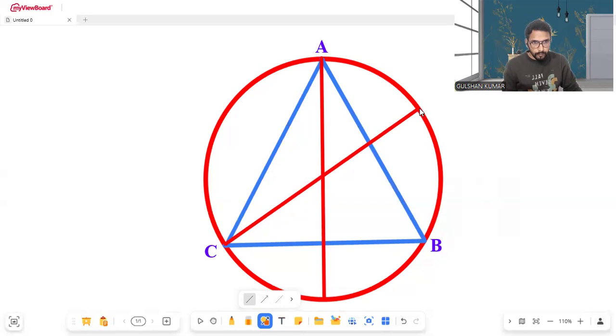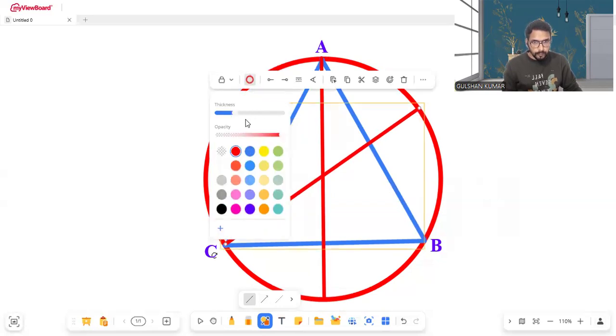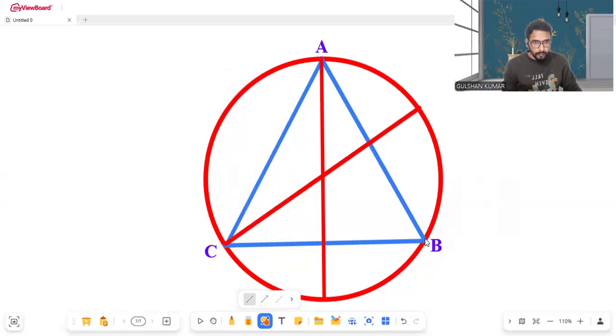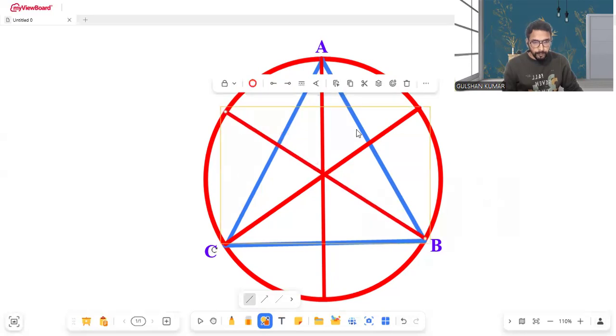This one will be the bisector, and this one will be the bisector.